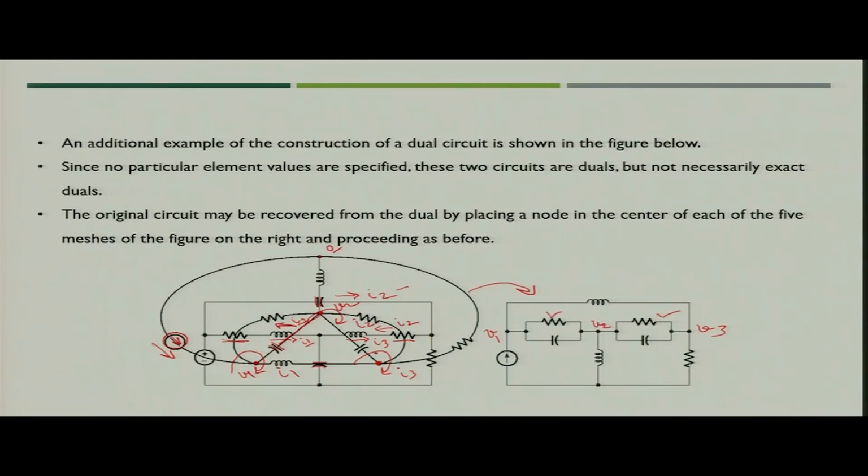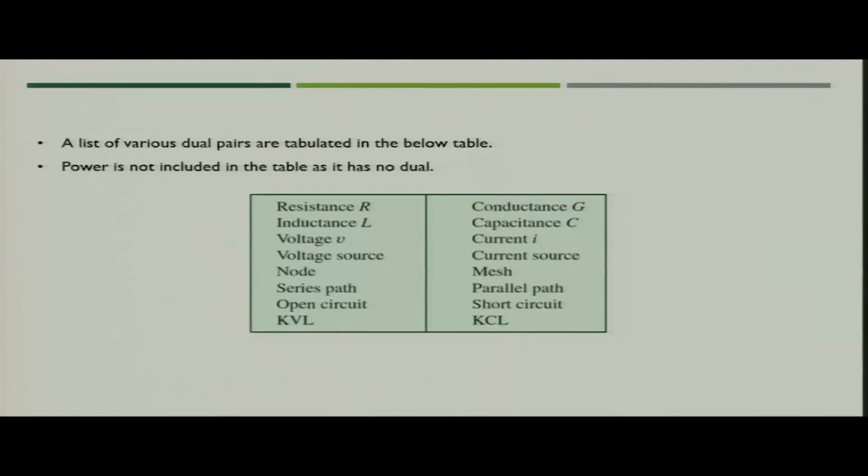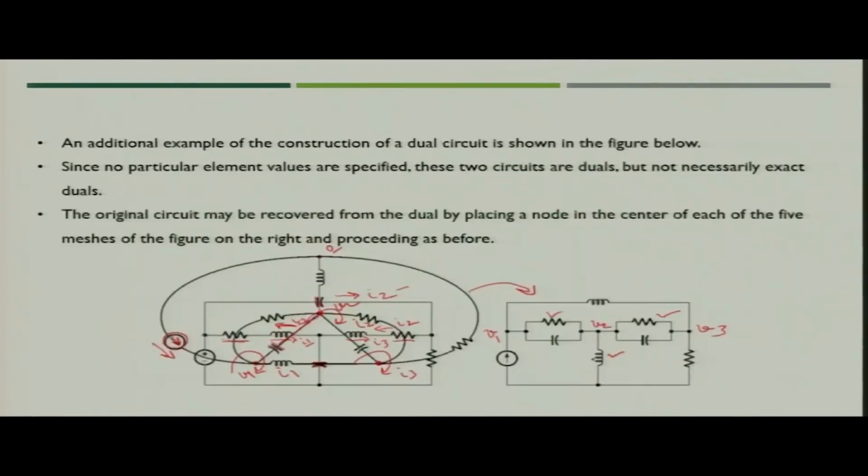Now, the element which is inductance is connected between node 2 and reference. So, you have got this conductance, and then you have another inductor which is connected between V1 and V3.